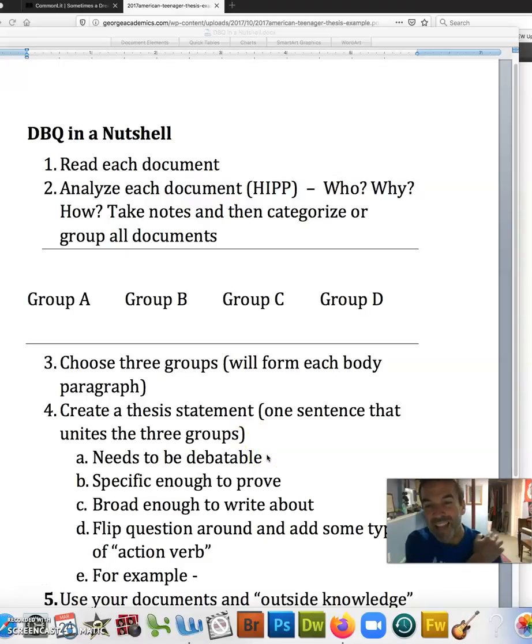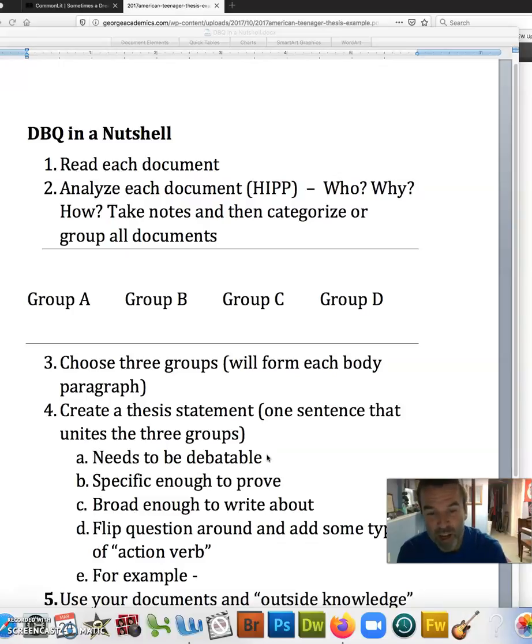As far as guidelines, it needs to be debatable. It can't just be a fact. If it's just a true statement, then we don't need to write a 5-paragraph essay to prove something that is just a true statement. It needs to be specific enough so that you can actually prove it. That's the whole point, not just to describe the documents, but to use parts of the documents to prove your point.